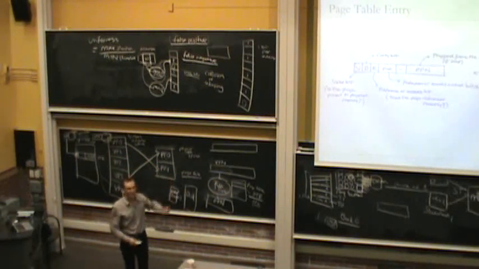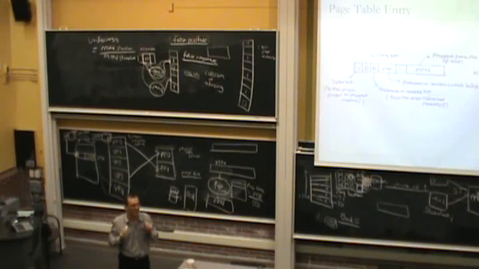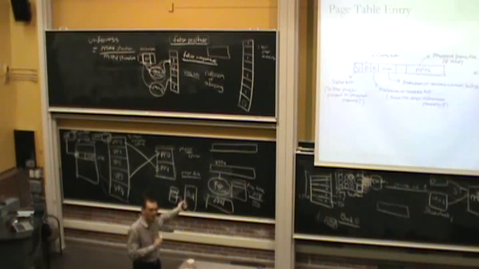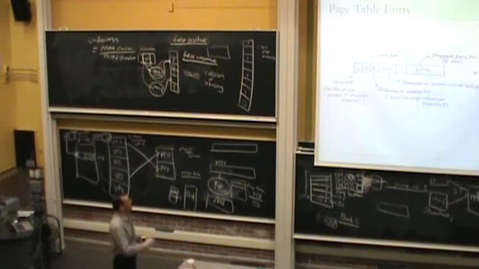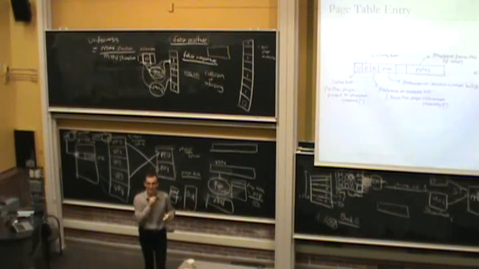Well, you may want to pick a random one. We've seen all those policies for cache management. You could use any of those here also by adapting it to the requirements of the disk. But random, if you didn't have this reference bit, you could pick random. Now most OSs or hardware use this reference bit. What is done is when a page is accessed, this reference bit is set.